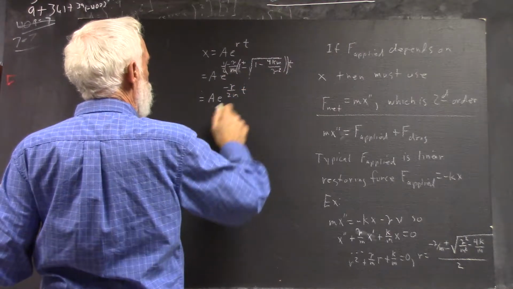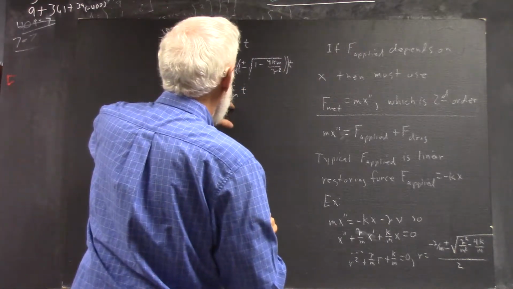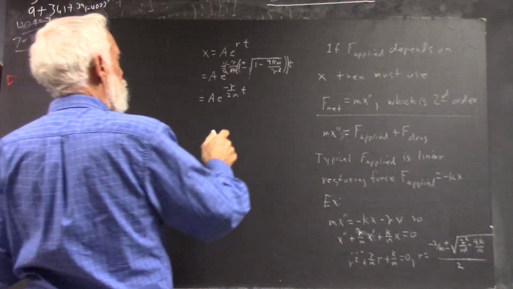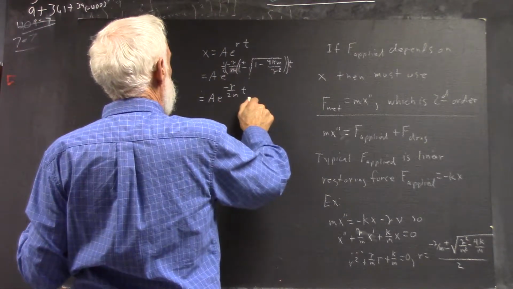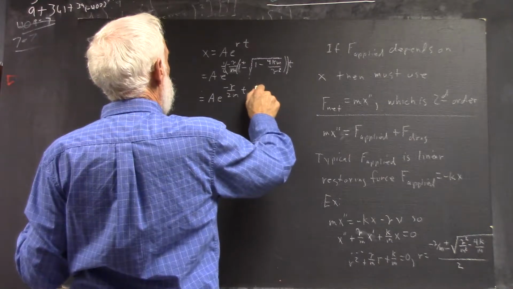And I'm going to now write this as A e to the negative gamma over 2m t times e to the plus or minus.